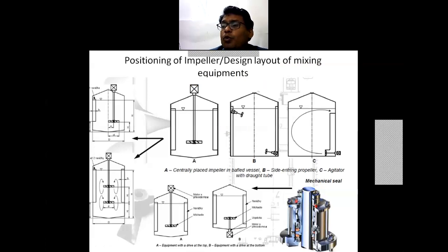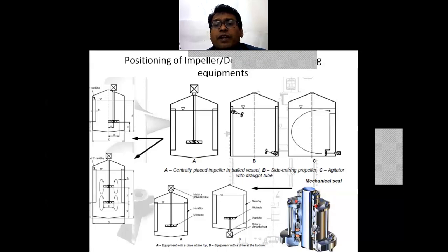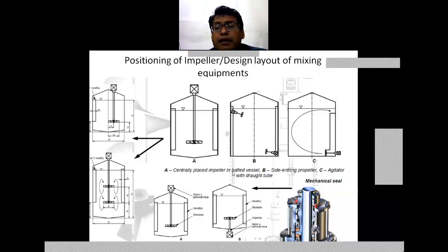Then the position of the impeller is also essential to be understood. Generally, centrally situated impellers are the most common, or the preferred ones. That is the centrally placed impeller in a baffled vessel.